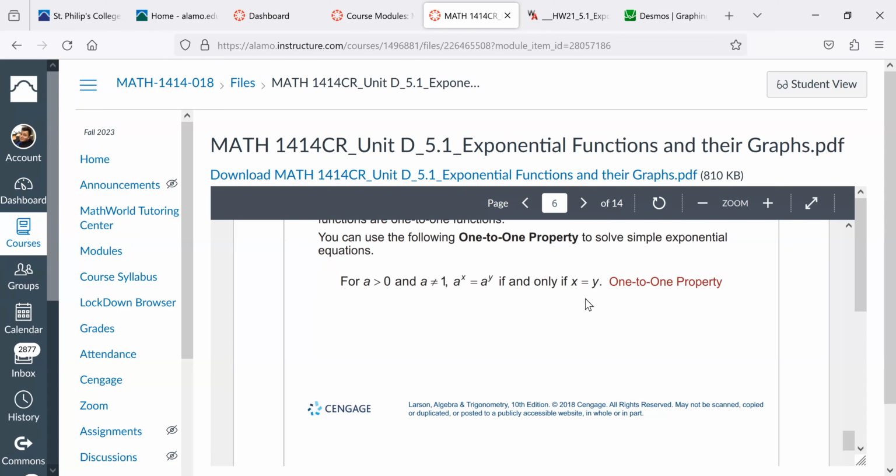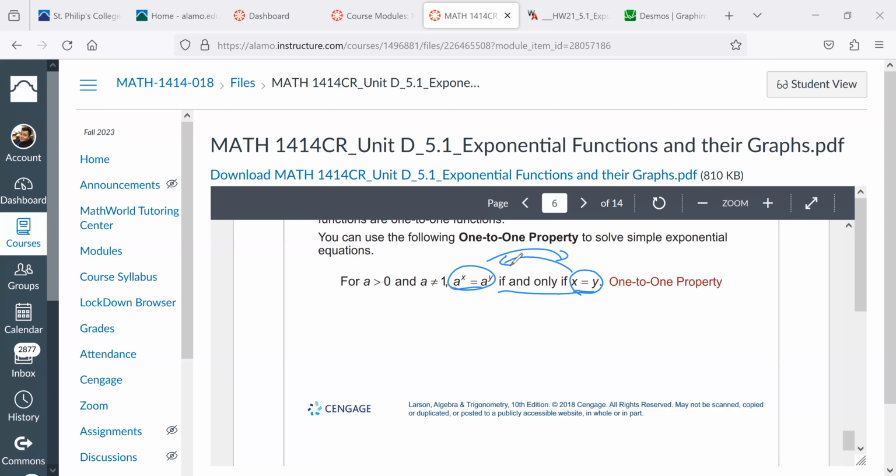This is an if and only if statement. Whenever you see if and only if statements right here, that means it's true in both directions. So if this is true, then this is true. In other words, it can go this way or that way.